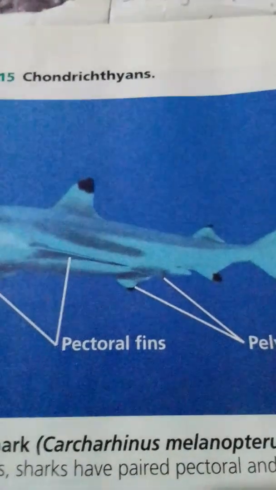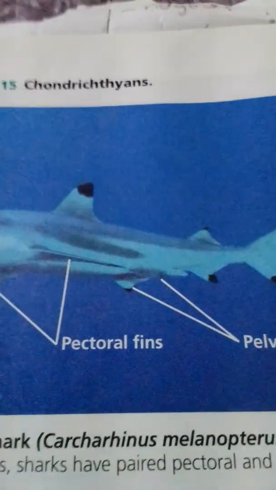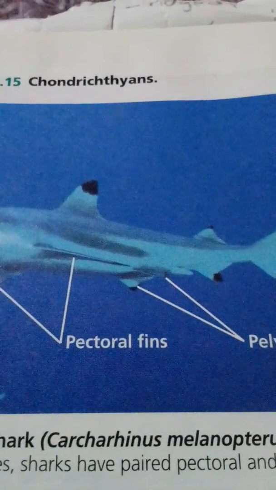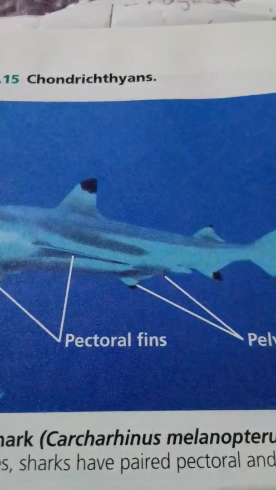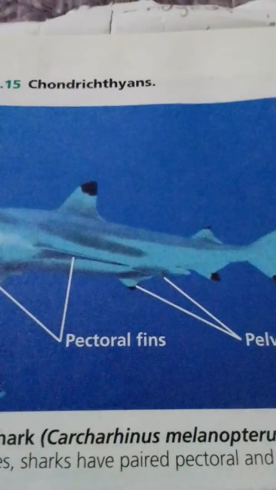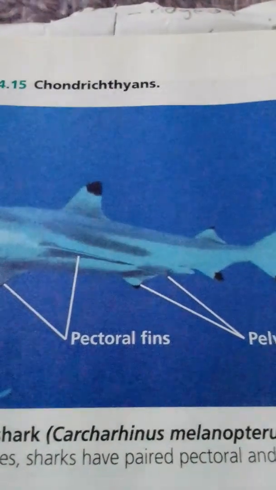Strengthening this notion was the fact that embryos in these derived lineages first develop a skeleton made largely of cartilage. Later, much of the cartilage is replaced by bone, a hard matrix of calcium phosphate.